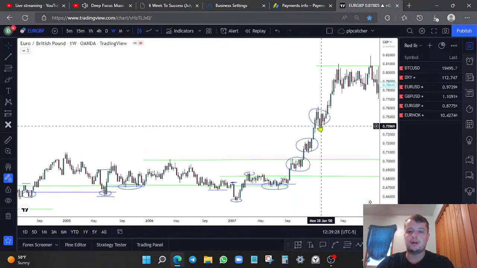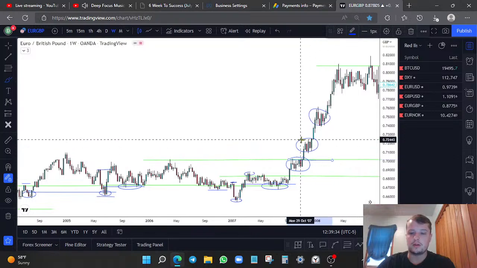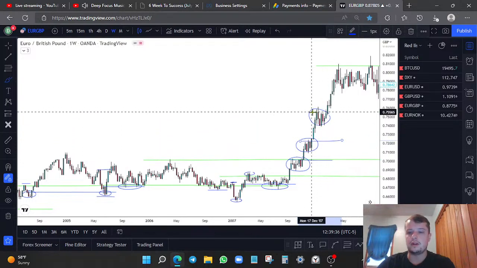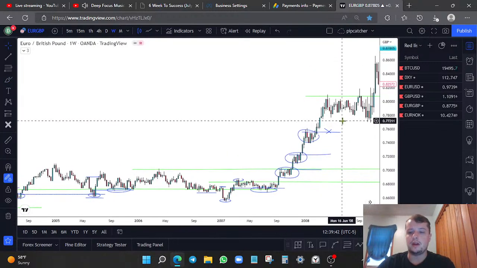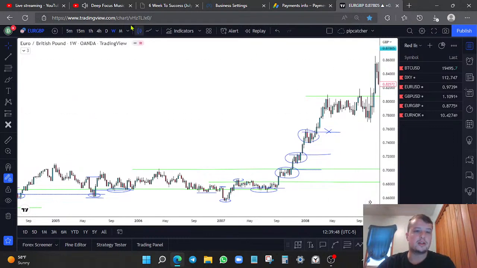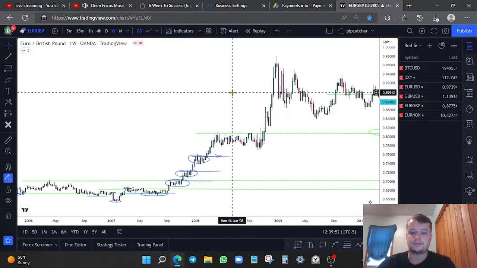But on the lower time frames in this area, there probably is. So there's no retracement, no retracement, no retracement. And what do we do? Well, we just sit and wait and see if any setups present themselves in the future.